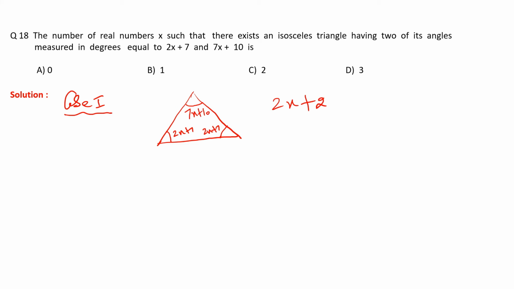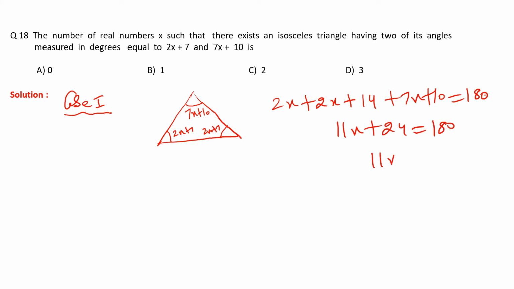So that means 2x plus 7 plus 2x plus 7, or I can say 4x plus 14 plus 7x plus 10 equal to 180. So it becomes 11x plus 24 equal to 180, or we get 11x equal to 156. So from here the value of x comes out to be a real number equal to 156 upon 11.